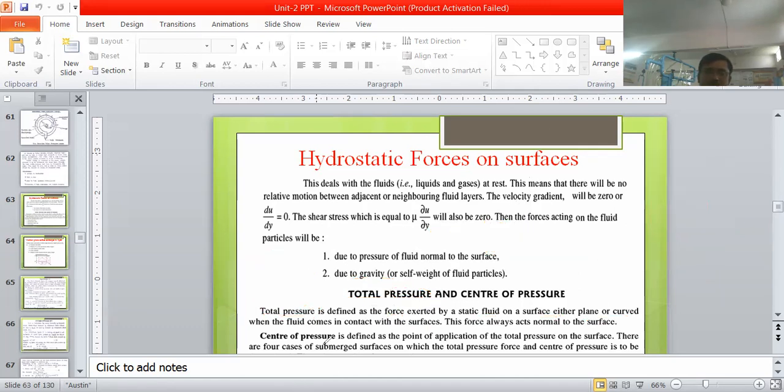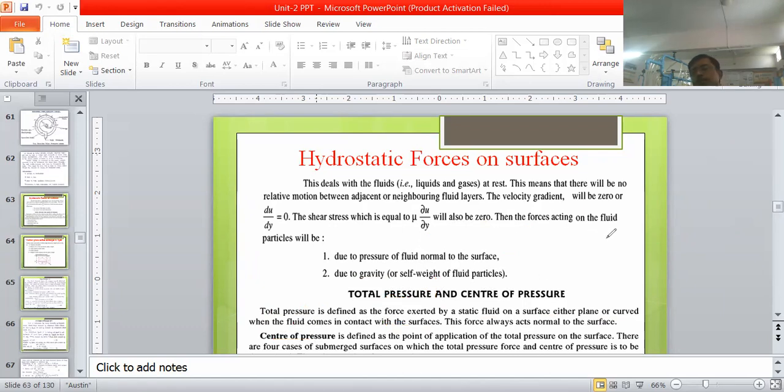Then the next definition is about what is center of pressure. Okay, total pressure we understood, it is nothing but the fluid pressure acting on the surface, which may be plane or curved, that is coming in contact with the fluid. So that is nothing but total pressure. What is center of pressure?